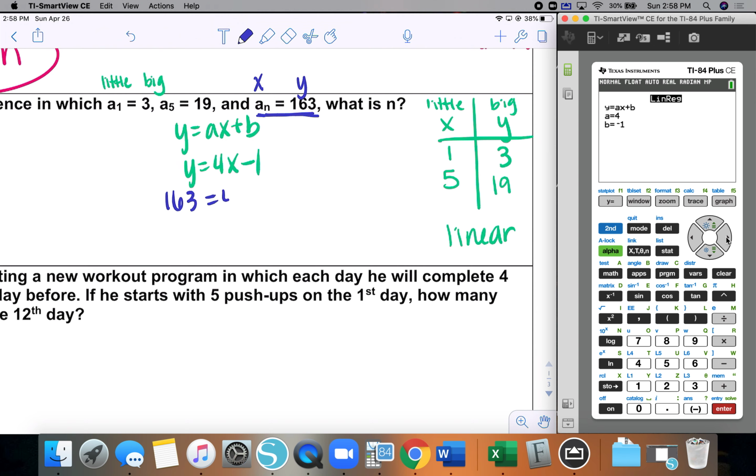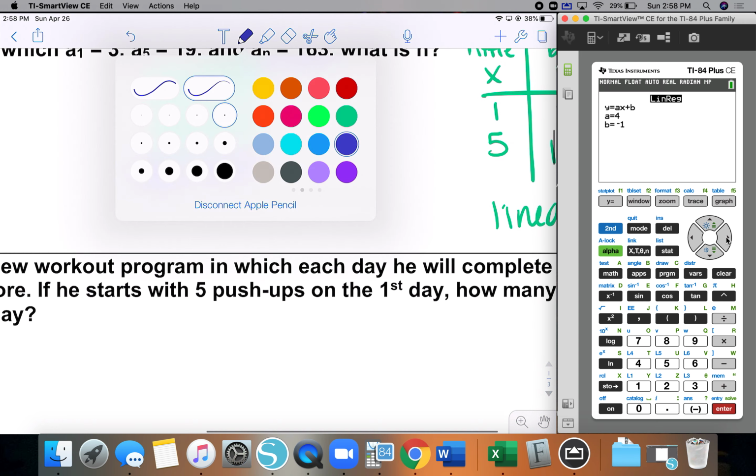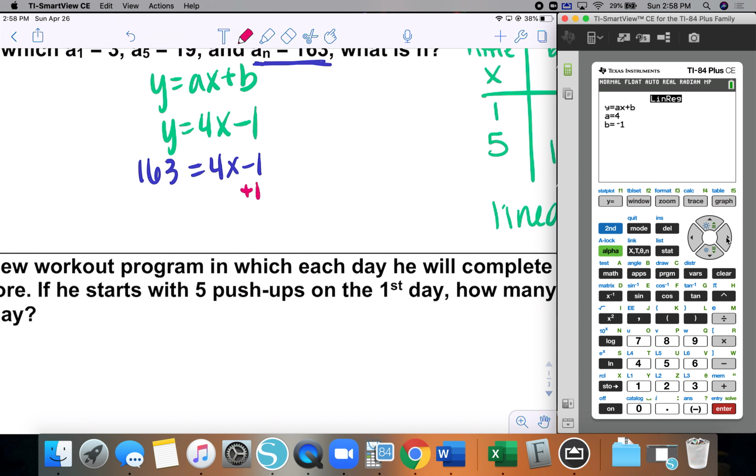Again, you could plug this into your calculator in the y equals, or you can just simply plug in 163 for y and solve for x. To solve for x, I'm going to add 1 to both sides, and then divide both sides by 4, and I get 41.